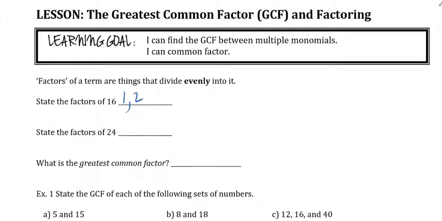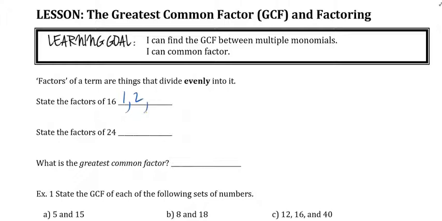Okay? And then hopefully not on your calculator, but in your head, you probably kind of go through the list. Well, what about 3? Does 3 go into 16 evenly? Taylor, what do you think? So 3, and you can figure it out by counting by 3s, like in your head if you have to. 3, 6, 9, 12, 15, 18. So it doesn't, right?